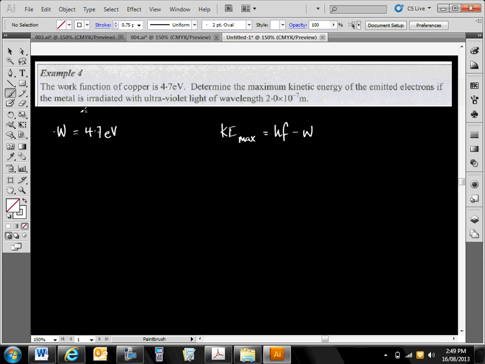So I need to know the work function in joules, and I need to calculate the frequency from the wavelength. So work function is equal to 4.7 times 1.6 by 10 to the minus 19 joules, which equals, what was it?